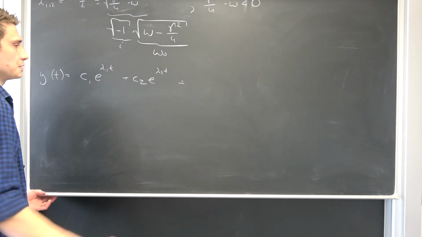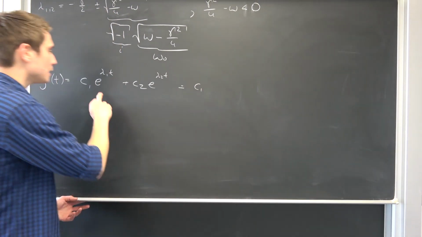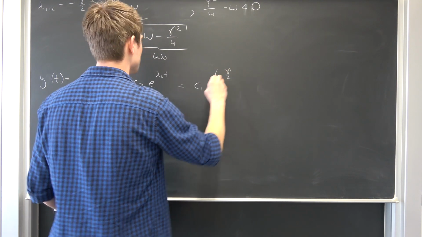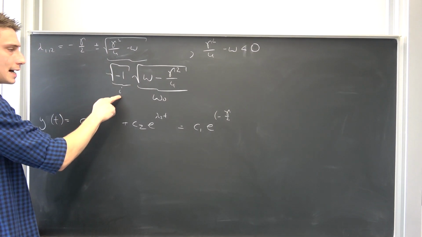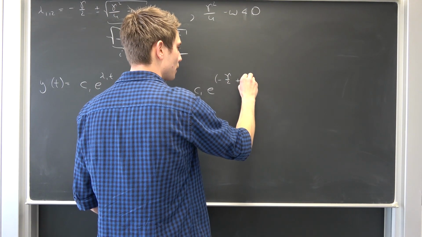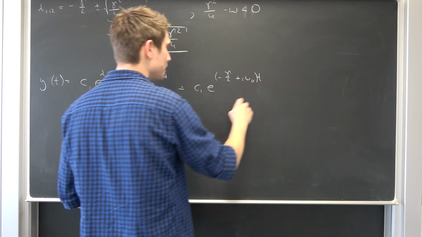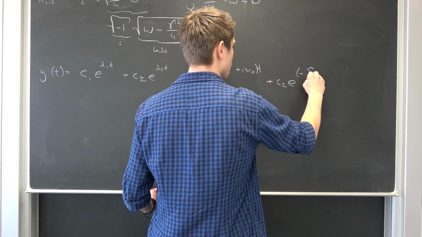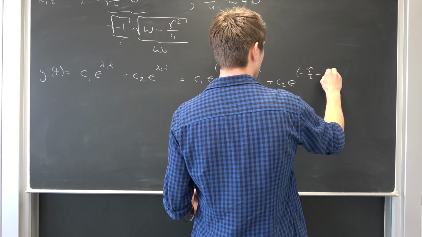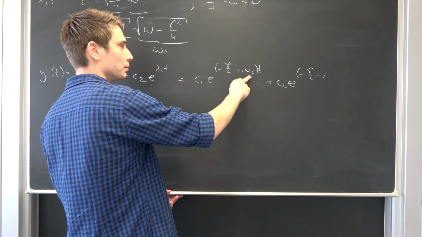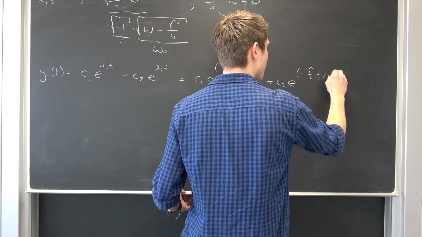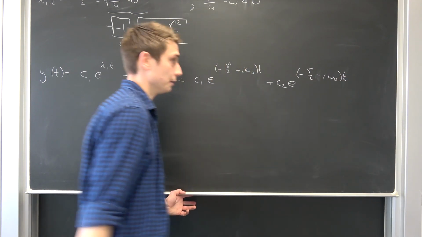We can plug this stuff into here. So we are going to get C1 times e to the negative gamma over 2 plus I times omega naught times t, and then plus C2 e to the negative gamma over 2 plus, or once again I mix it up, negative I times omega naught times t.